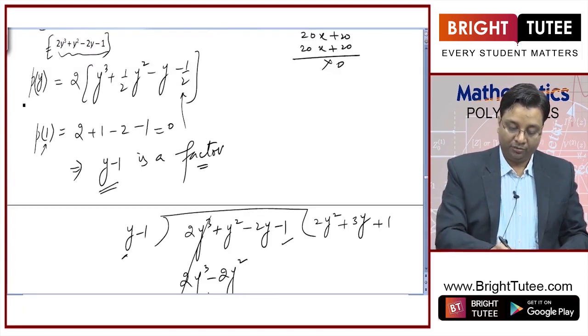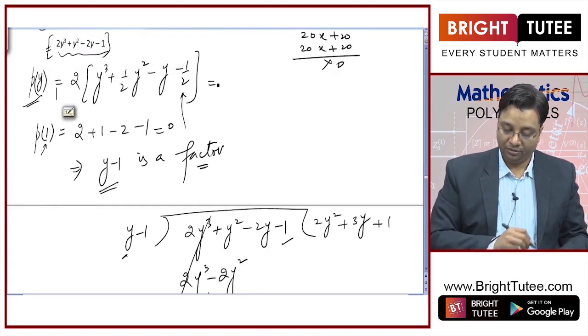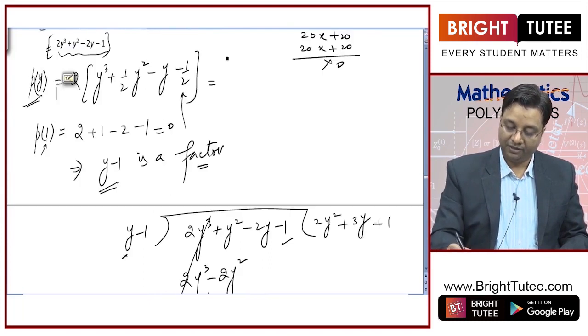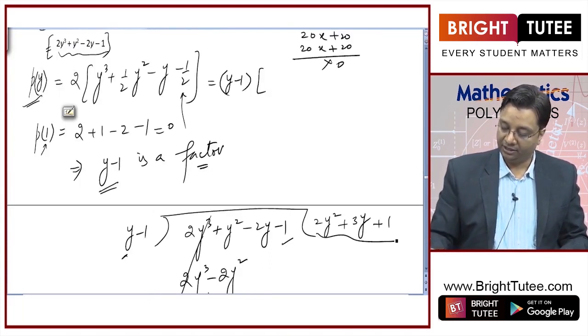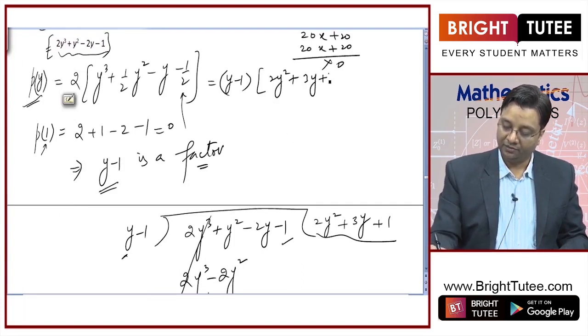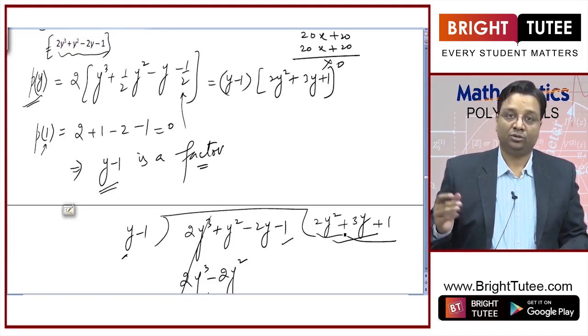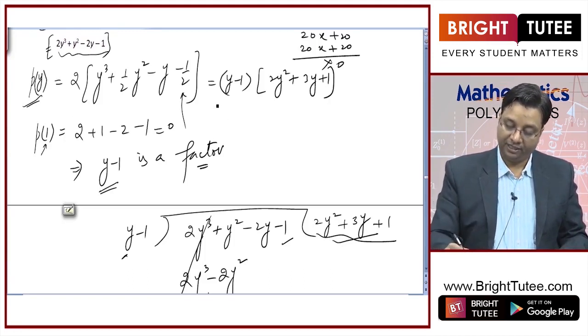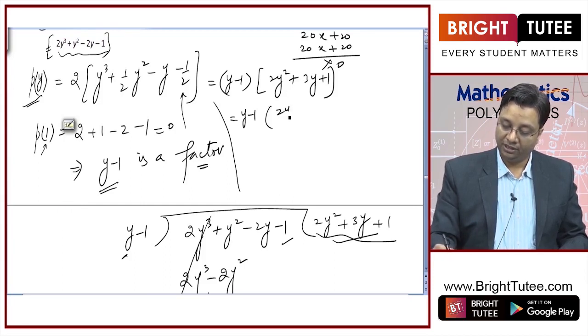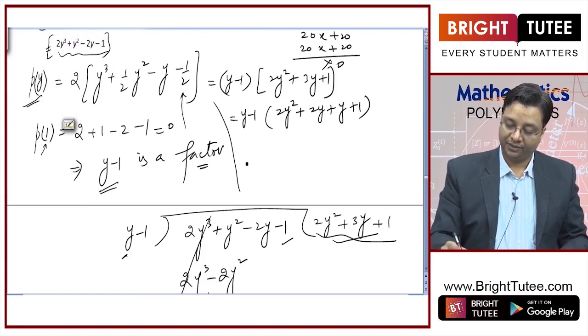So the given polynomial p of y is equal to y minus 1 into this quadratic expression, that is 2y square plus 3y plus 1. Okay, which we will factorize through middle term splitting. Okay, let me do it here itself. So it will be y minus 1 into, this can be written as 2y square plus 2y plus y plus 1.